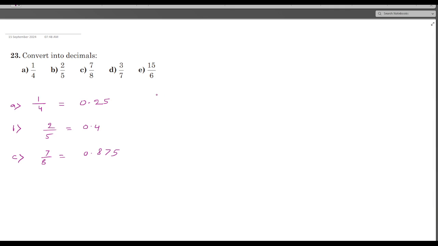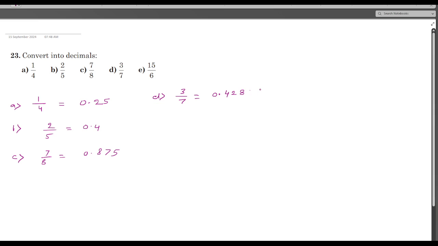3 divided by 7. Now this becomes 30. 7 4s are 28, 2 remains, 20, 7 2s are 14, 6 remains, 60, 7 8s are 56, 4 remains, 40, 7 5s are 35.